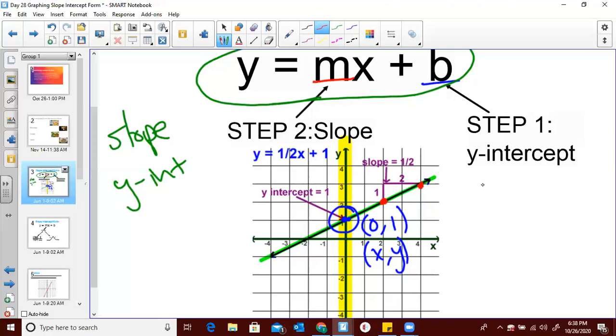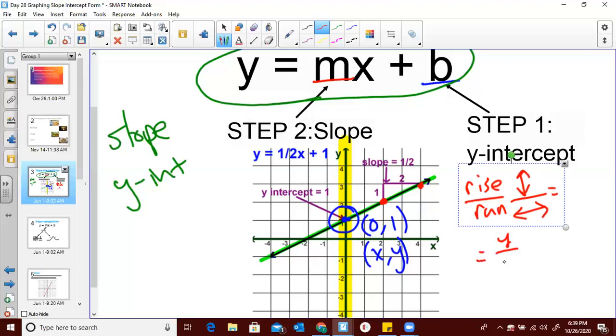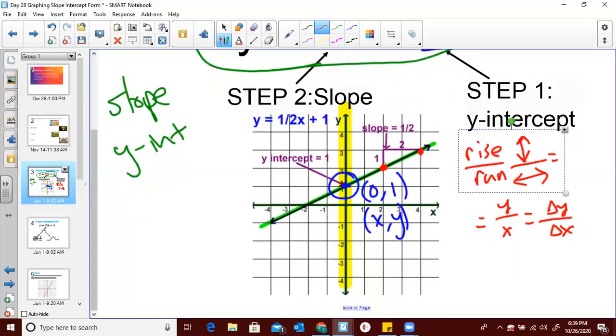And we're going to use rise over run. Remember, rise is going to be up and down. I'm going to continue this down here, which would be our y over x, our change in y over change in x. And we can see here that we are going up 1, so our change in y is 1.